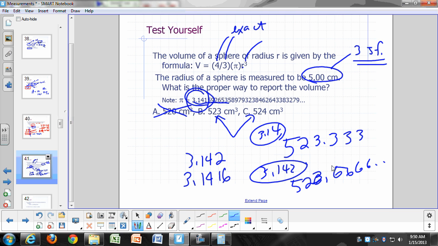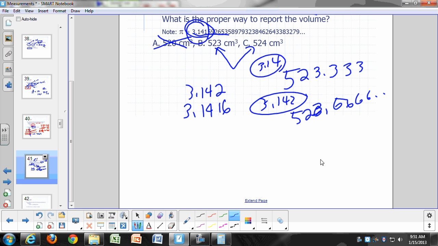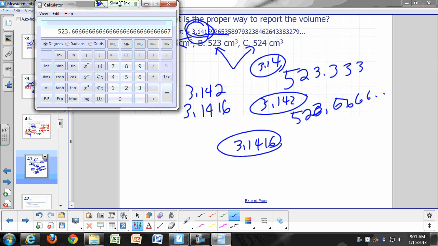So you can see, what if I were to use 3.1416 for my pi? I would have 5 times 5 times 5 is 125 times pi, 3.1416, times 4 divided by 3. That's 523.6.